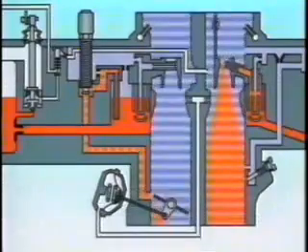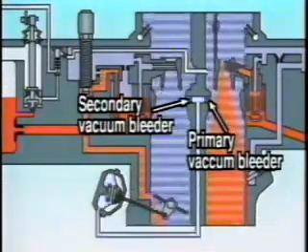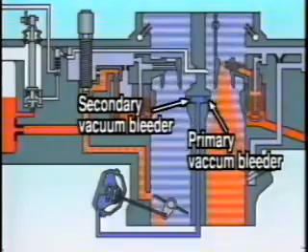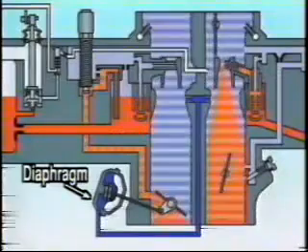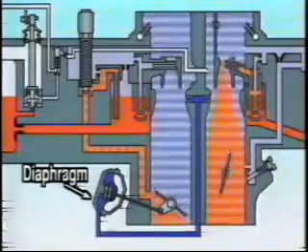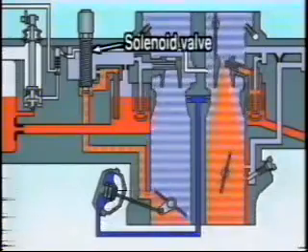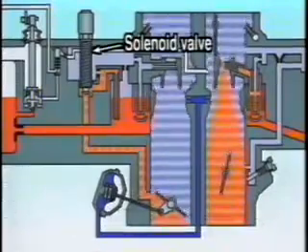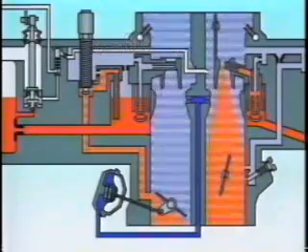When this happens, the vacuum bleeder, which is part of the Venturi, produces a vacuum which opens the secondary throttle valve. When the engine RPM rises, the pressure from the vacuum bleeder overcomes the diaphragm spring, which in turn causes the secondary throttle to slowly open. The secondary low-speed circuit, like the primary low-speed circuit, uses a solenoid, so that when the ignition switch is off, the route is closed off.